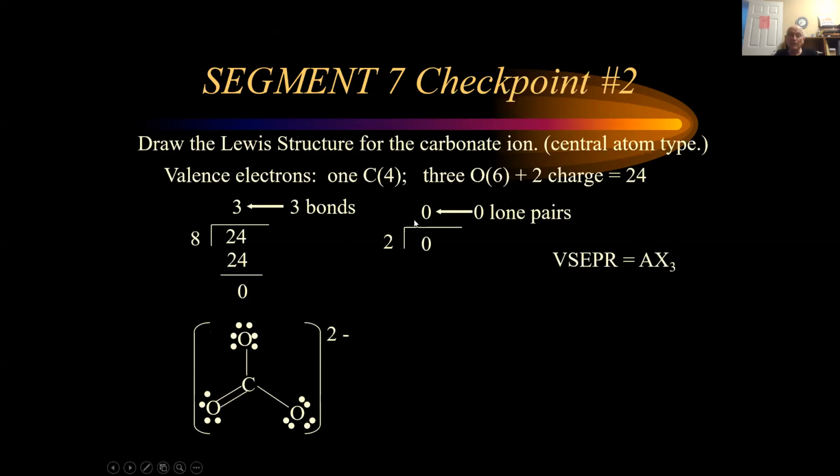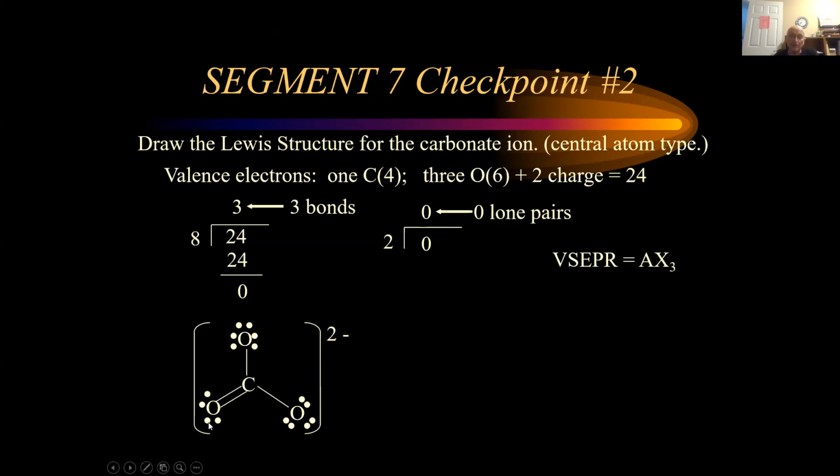Now, here's what we had to do. Remember, we had no lone pairs. So I would have put a carbon here, an oxygen here, an oxygen here. I can't put any lone pairs on, so I have to put a double bond somewhere. Well, could I put it here? Yes. Then if I had it there, I would have 2, 4.